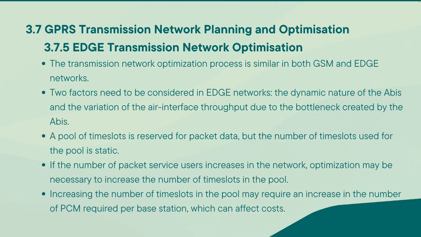There are two factors that need to be considered in the H network: the dynamic nature of the Abis, and the variation of the air interface throughput due to the bottleneck created by the Abis, and the pool of the time slots reserved for the packet data, but the number of time slots used for the pool is static.